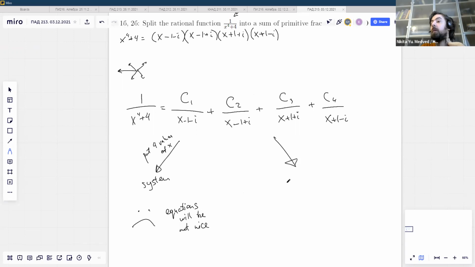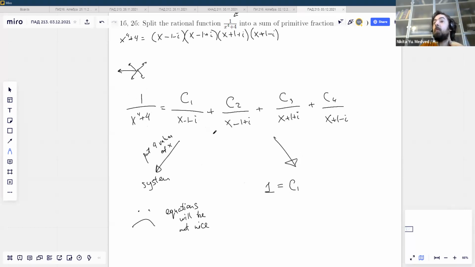Indeed, we can multiply by the common denominator, that is, by the product of those four polynomials.